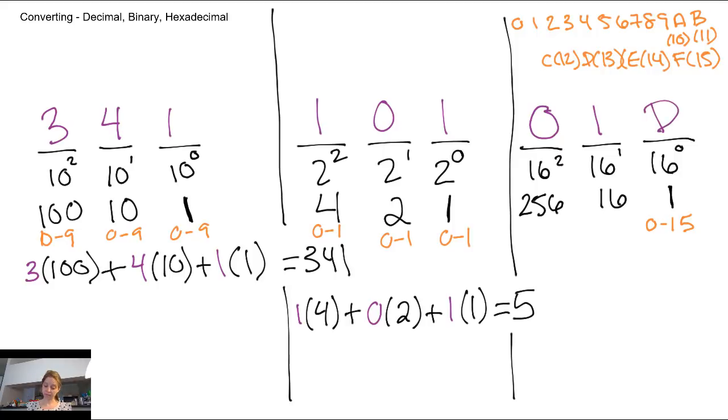And so what I'm going to do is take 0 times the place value, which is 256, plus 1 times the place value, which is 16, plus D, and I need to convert that into decimal, so that's 13 times the place value of 1. So what I really have here is 16 plus 13, which is 29.